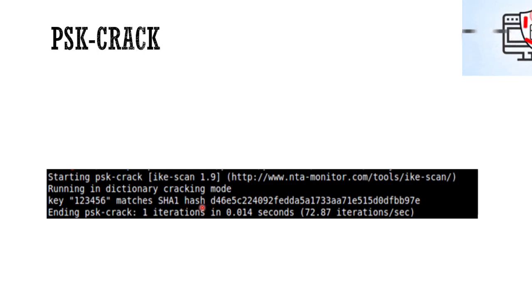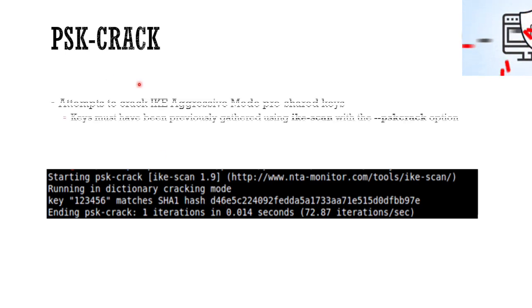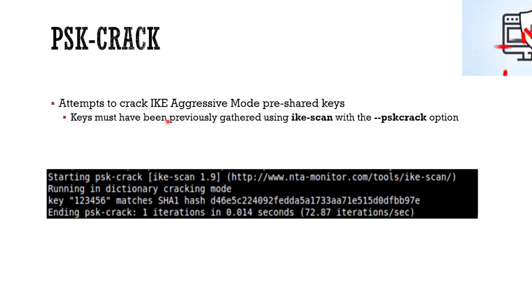So with PSK crack, it's going to try to crack IKE pre-shared keys, because very often, especially on devices or with lazy Microsoft administrators, instead of using actual public-private key pairs, they'll just put in a pre-shared key, a password. And we're going to try to crack that using this PSK crack tool.